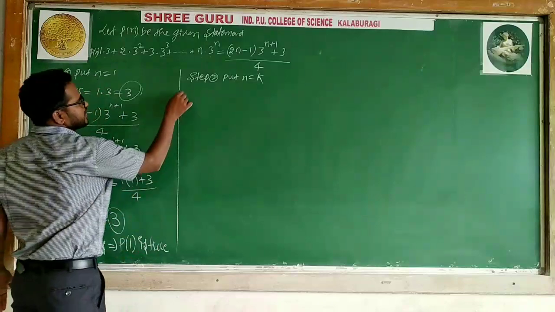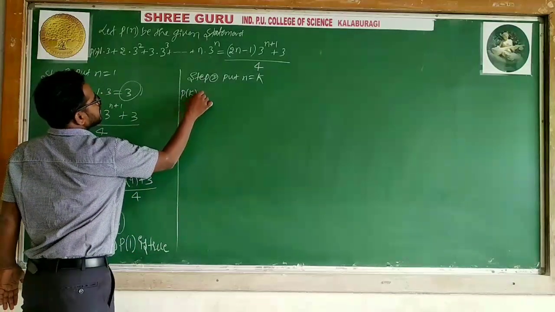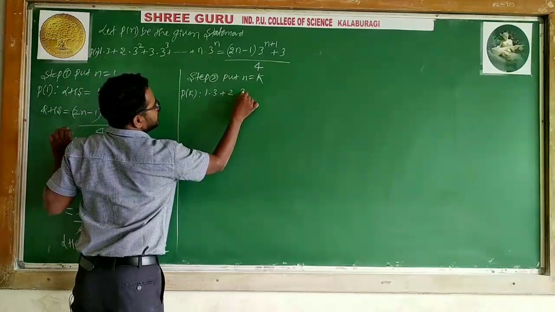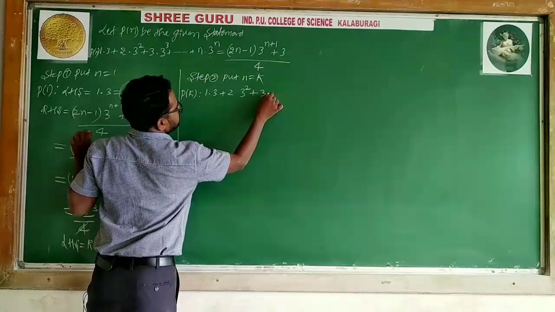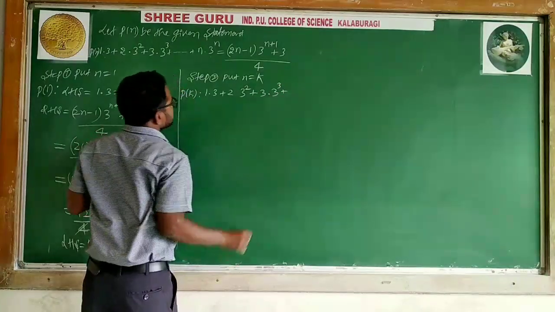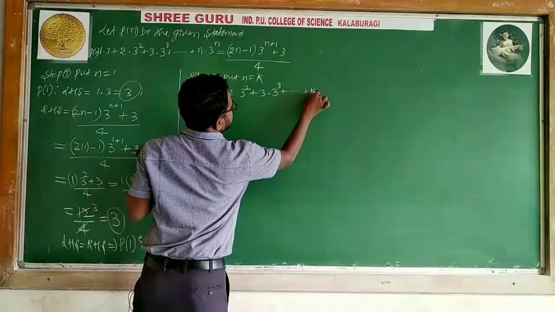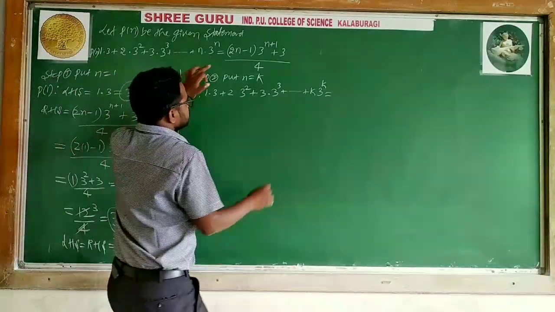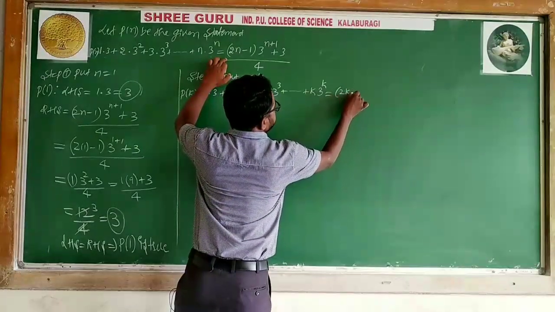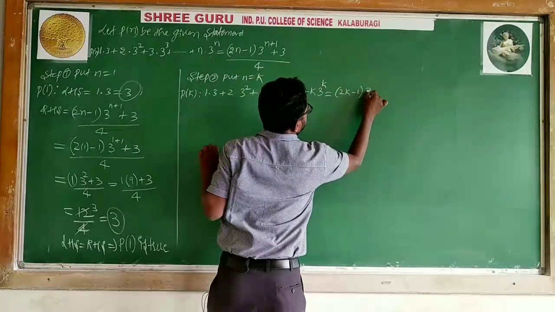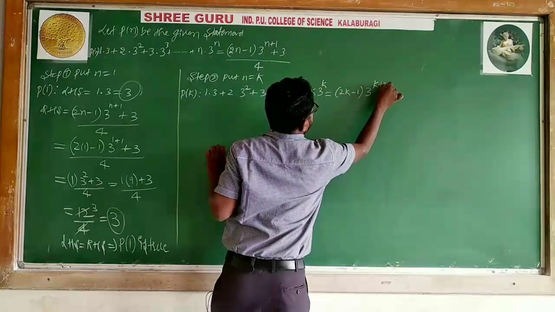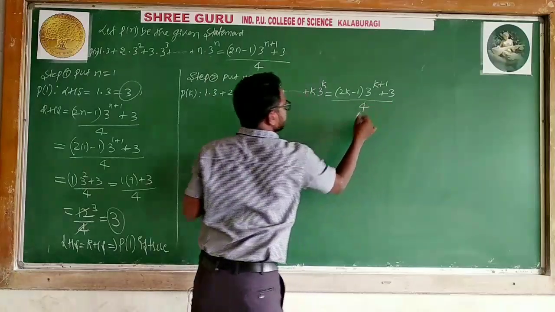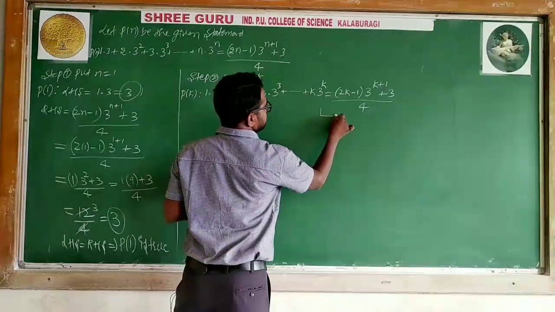In the case of n is equal to k, I will say P of k: 1 into 3 plus 2 into 3 square plus 3 into 3 cube plus so on, n is k, k into 3 to the power k, is equal to 2 into k minus 1, 3 to the power k plus 1, plus 3, whole divided by 4. Listen here. We call this equation 1.